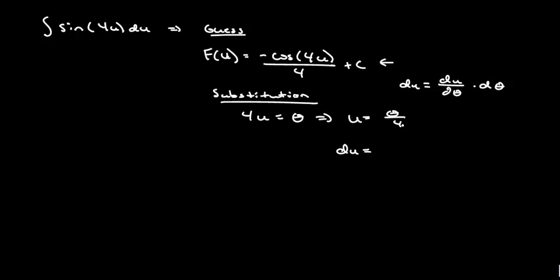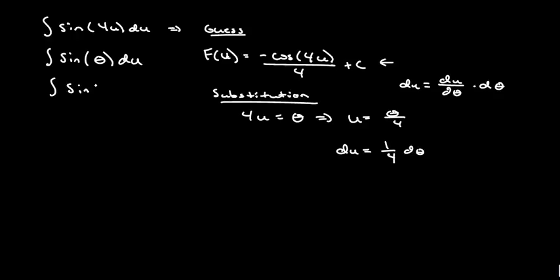So the derivative of u with respect to theta is going to be 1/4, and then d theta. So this is our differential. Now we're going to use that to substitute in here. So watch. We'll say this is the integral of sine theta. So we're replacing 4u with theta. But now we have this du at the end, and we need to replace that.